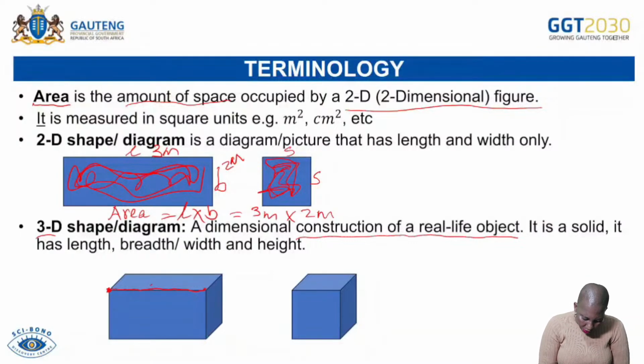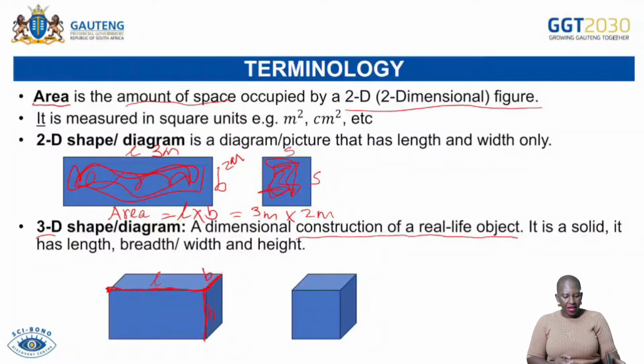So this part will be my length, and then the width will be from here. How wide is my box? This will be my width or my breadth, and then how high is the box? This one will be my height. As you can see, boys and girls, I said the length, it starts from one end to the other, and then the width, it will be from here to here.